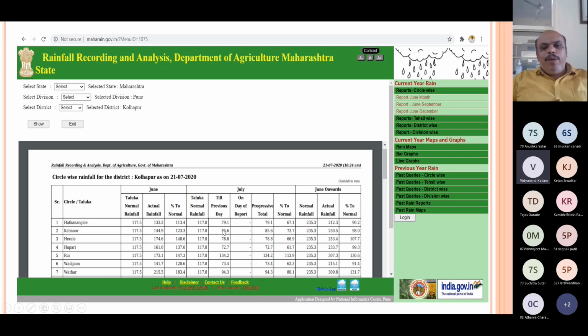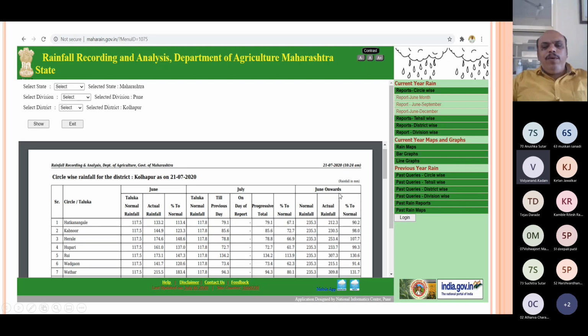Similarly for the month of June, and from June onwards, including June and July up to 21st of July, how much total rainfall is there and whether it is less or more than the normal. That is shown in this table.